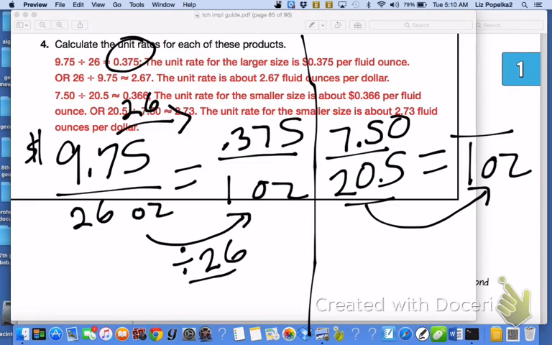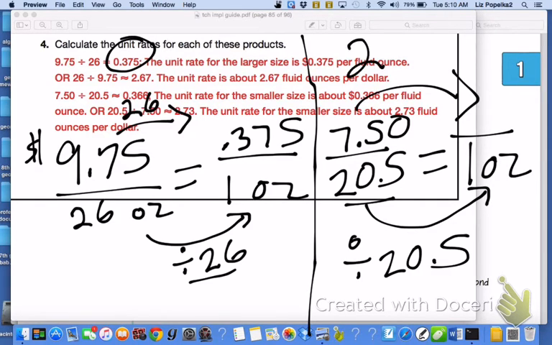I scaled down from 20.5 by dividing by 20.5. If I divided the bottom by 20.5, I had to divide the top by 20.5. And that's where I got my original answer of somewhere around 0.366, which I rounded to 0.37.